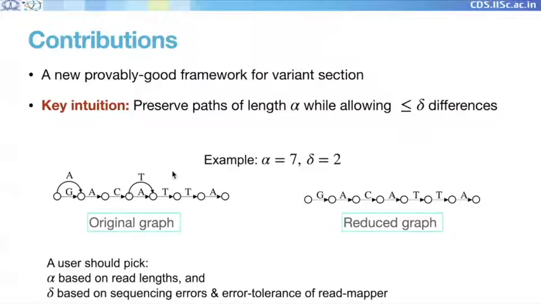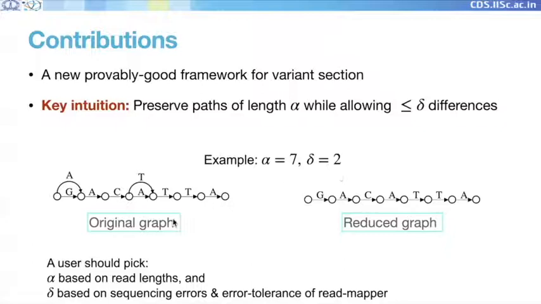Consider a toy example where alpha equals 7 and delta equals 2. In this case, we can remove the two SNP variants because in the reduced graph, all paths of length 7 still remain mappable while allowing up to 2 differences.